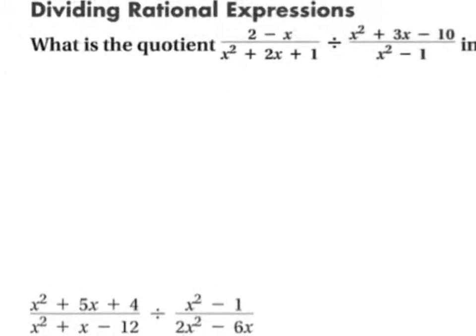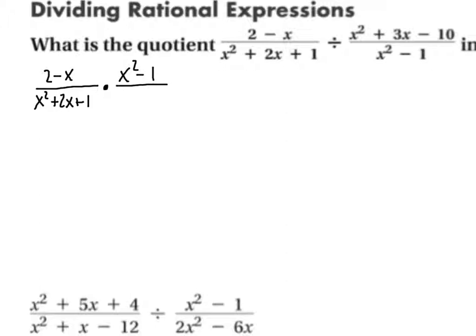Okay. So first thing about a division problem is that we have to rewrite it as a multiplication problem. Okay. So I'm going to go through and say 2 minus x over x squared plus 2x plus 1 times the reciprocal of that second fraction.